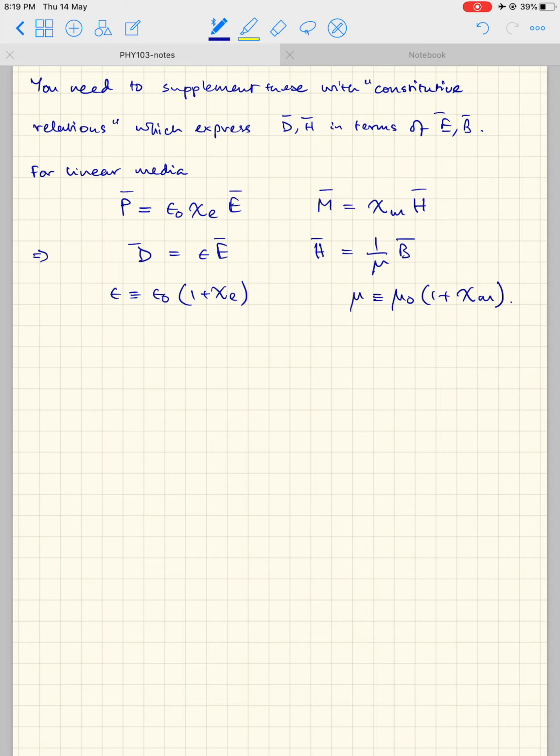So you see these are the constitutive relations.